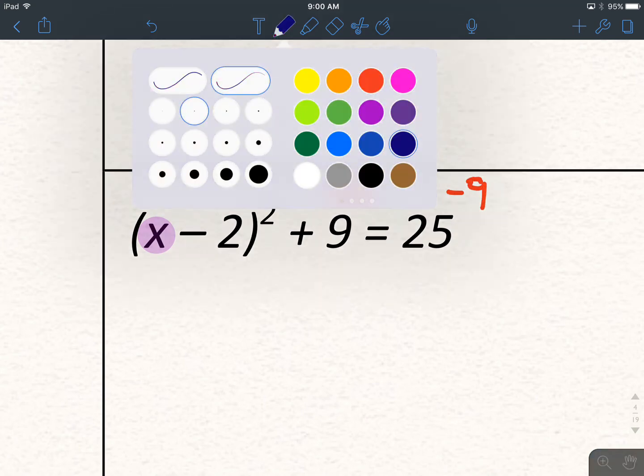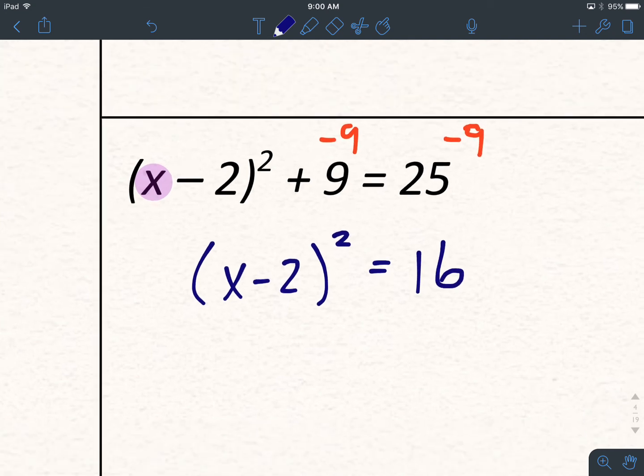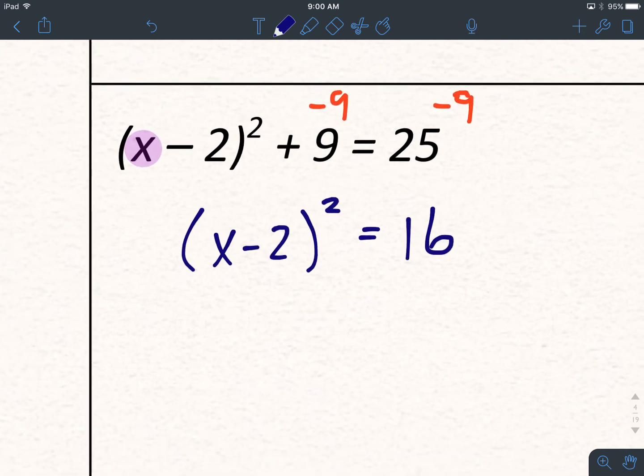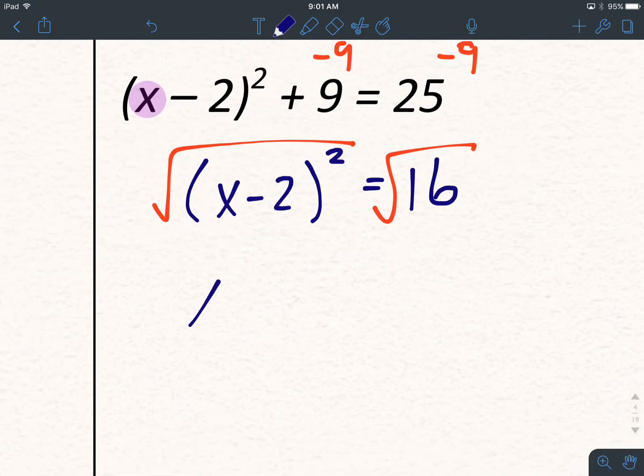That's going to result in x minus 2 all squared equals 16. And now the next thing I have to do if I'm following BEDMAS backwards to isolate my variable is to take the square root of this. And that's going to result in x minus 2 essentially becoming free of its bracketing and being squared.